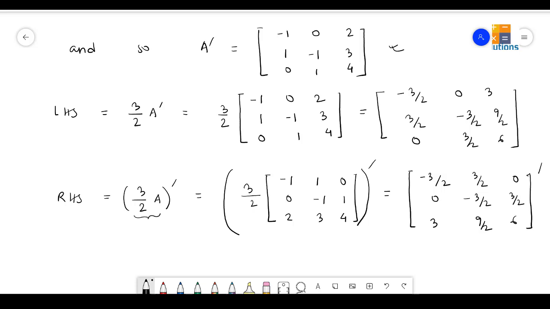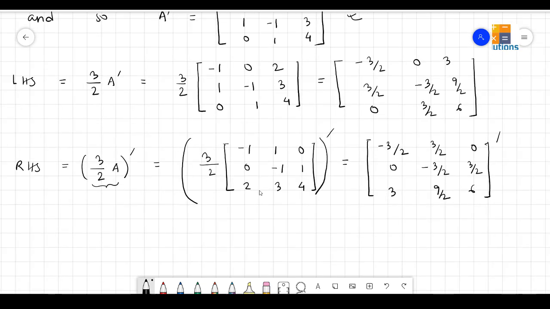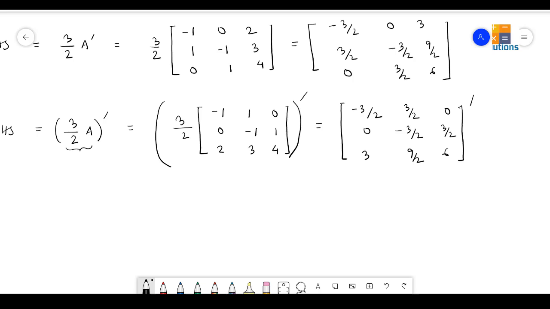Again its transpose I need to find out. While finding its transpose, let us check what result we get. The first column will become the first row. That means -3 by 2, 0, 3. Then the second column will become the second row.